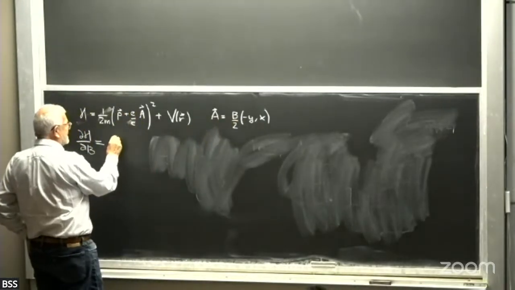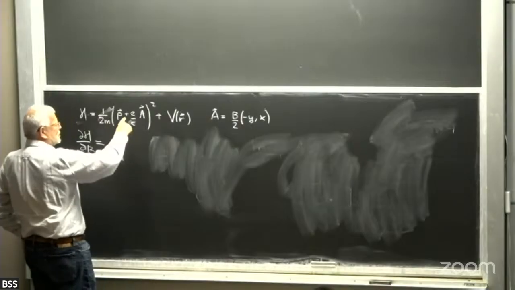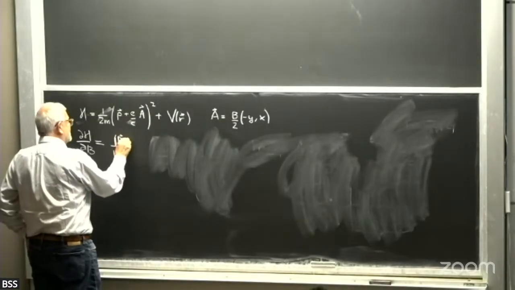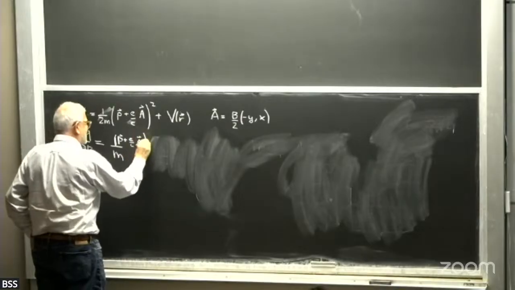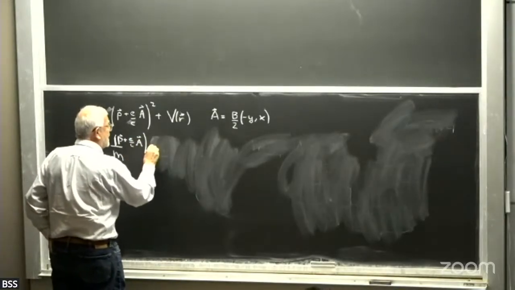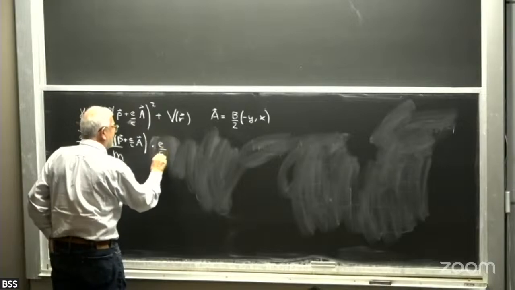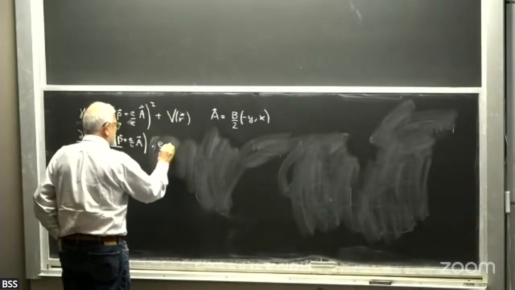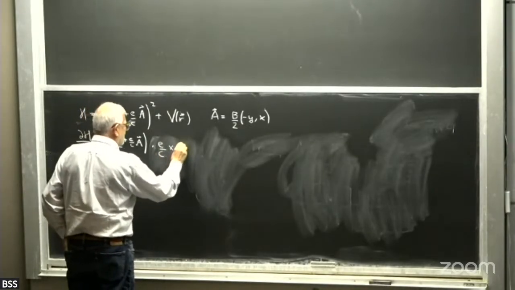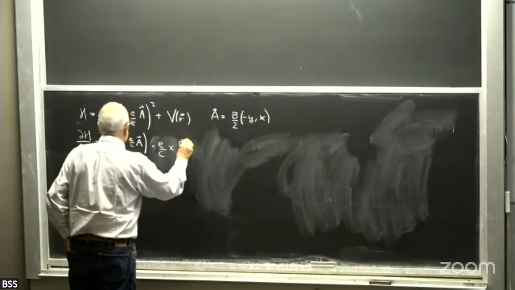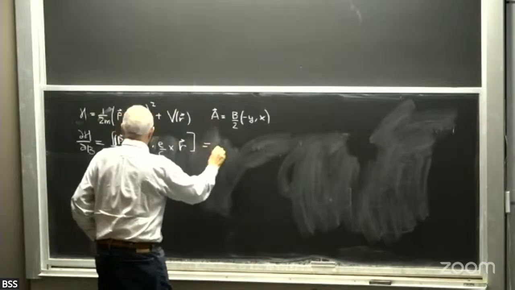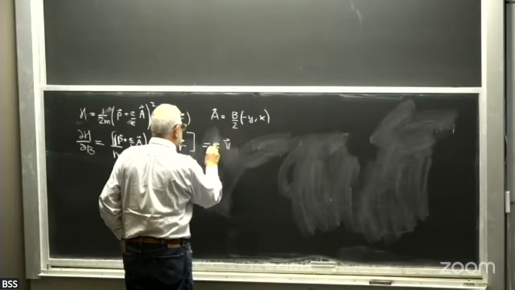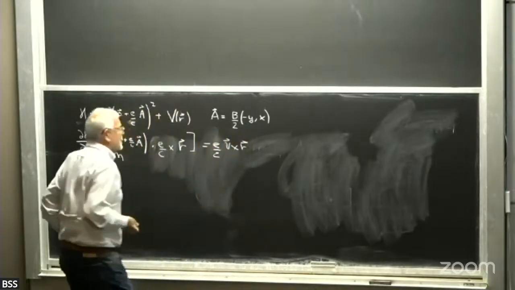Using the chain rule, differentiating with respect to A first and then with respect to C, this is basically velocity, E over C times velocity cross position operator.